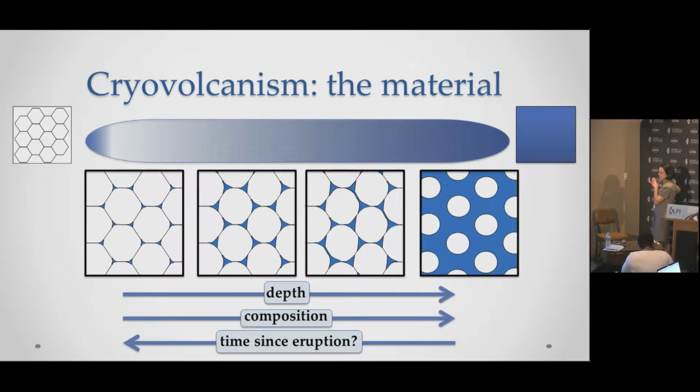And to a lesser extent, maybe say time since eruption, because as I was talking to Jeff yesterday, he reminded me that when you're going in this direction, in an ice-rich system, you can have dendrites and various faceted phases, and depending on your composition and your delta T, a lot more complicated stuff can go on.